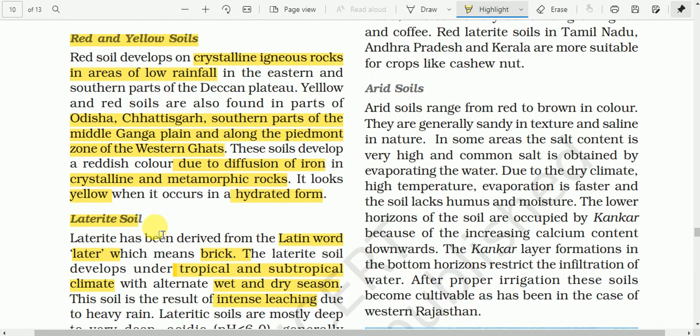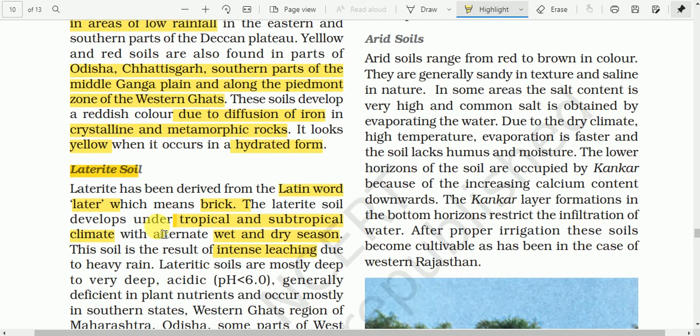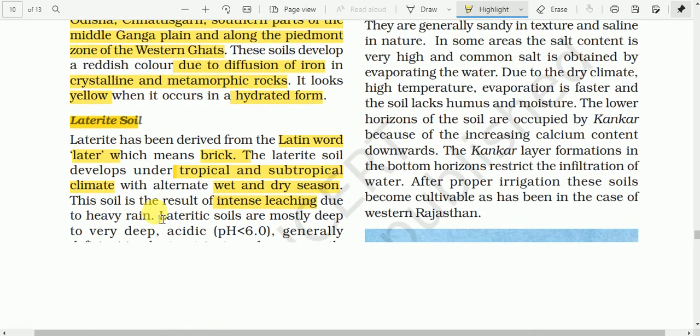See, we have known that red and yellow soils are developed in the areas of low rainfall, whereas laterite soils develop in the areas of heavy rainfall. This is the main difference.